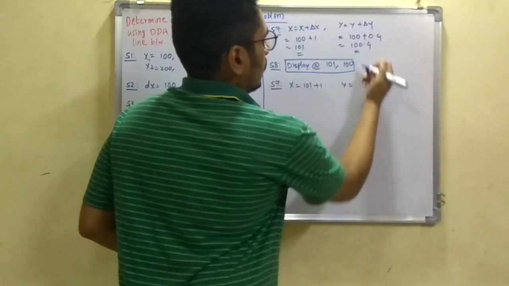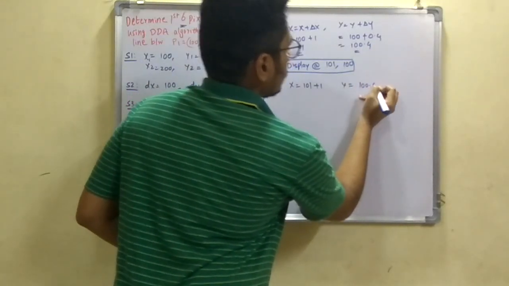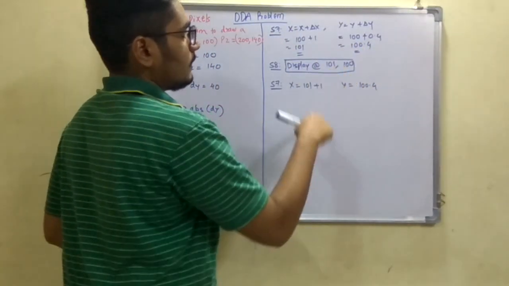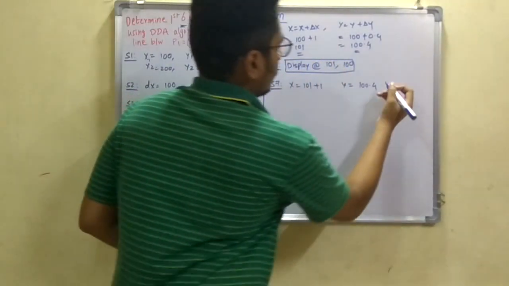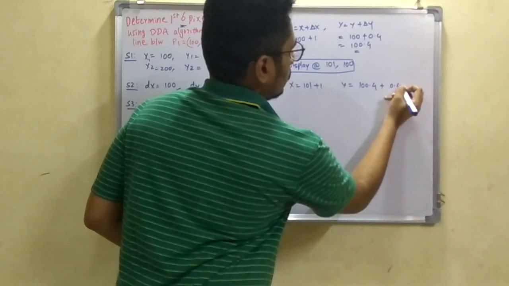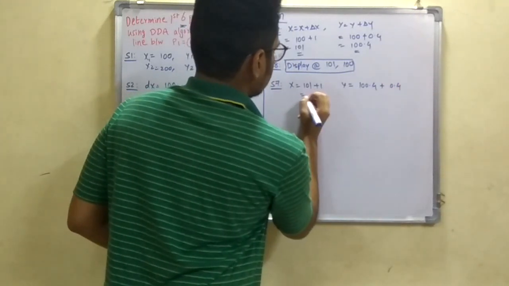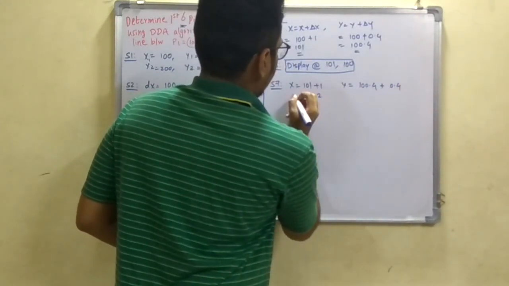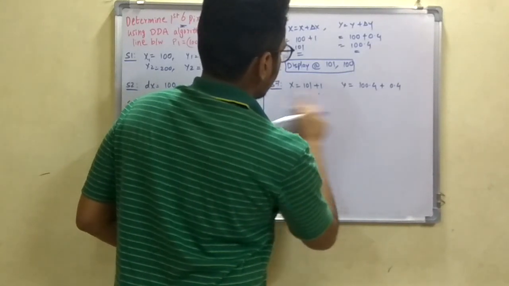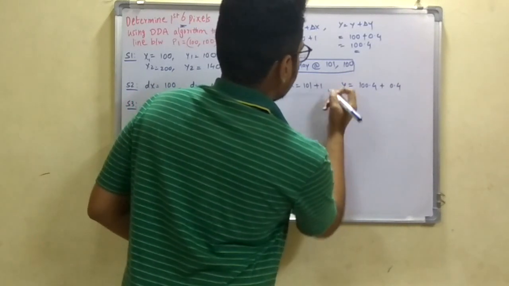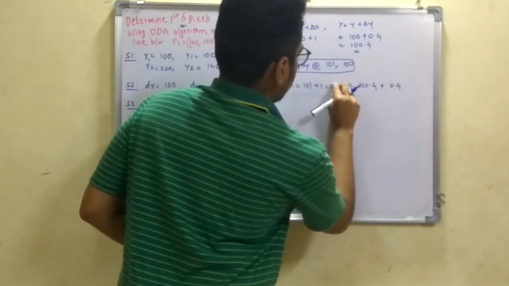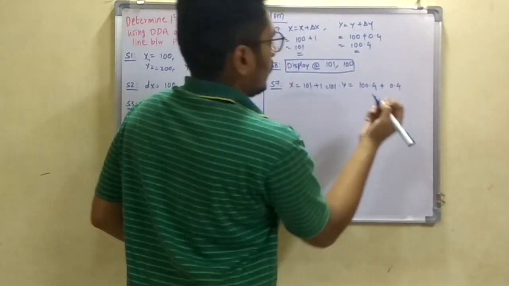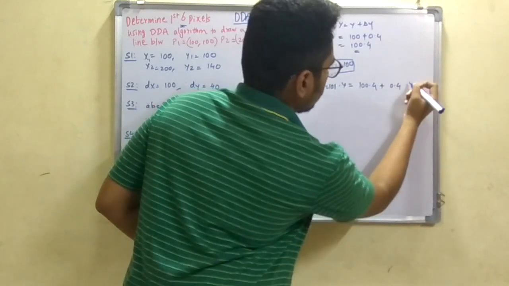And you take this 100.4, not this 100, because it is a rounded off value. You have to take the actual value plus 0.4. So you get 102 for x, and for y you get 100.8.